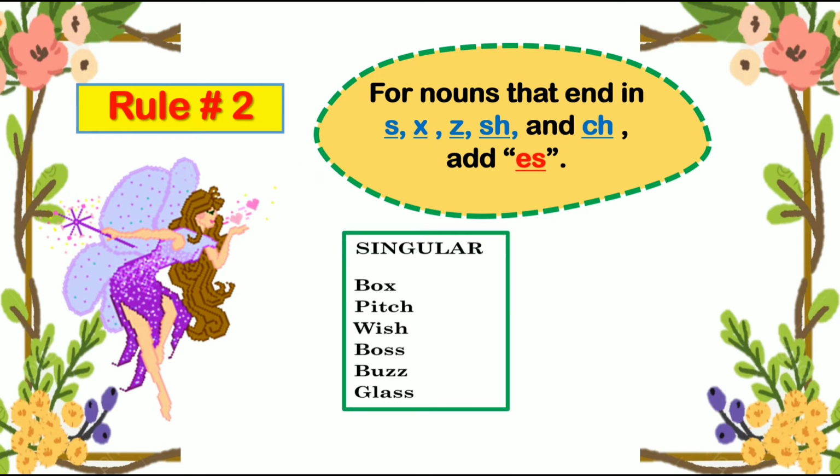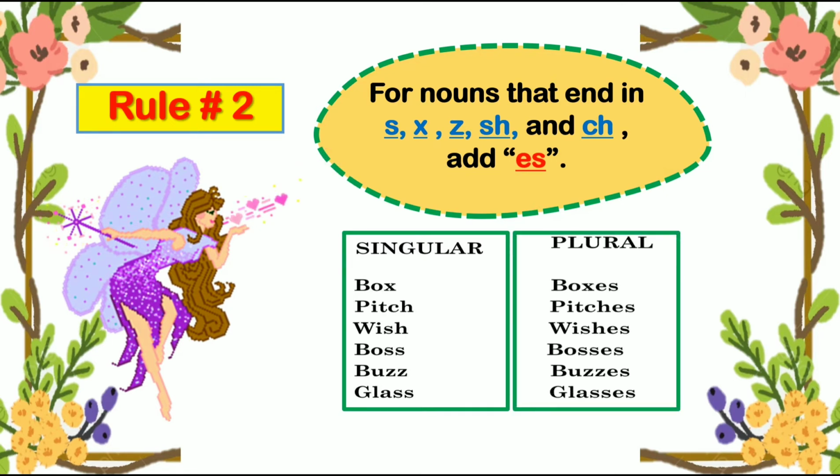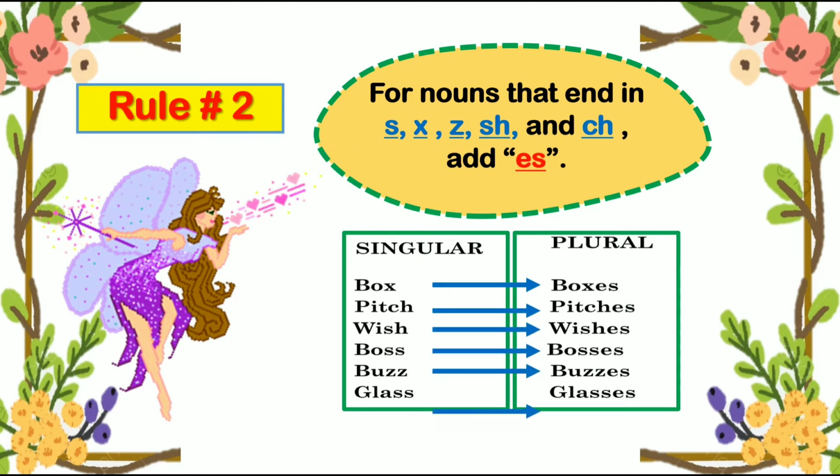Examples: you have box, pitch, wish, boss, buzz, and glass. To make them into plural nouns, we simply add es at the end of each word. So box would become boxes, pitch, pitches, wish, wishes, boss, bosses, buzzes, and glasses.